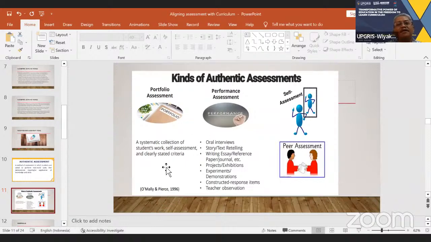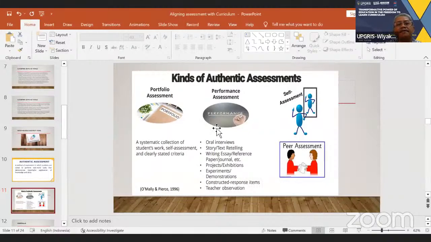Portfolio assessment is authentic. Why don't you use that frequently in the classroom? Based on the research, this kind of assessment works very well in promoting the students' learning outcomes.